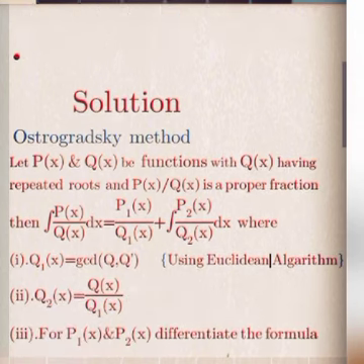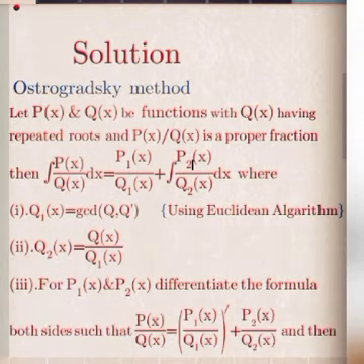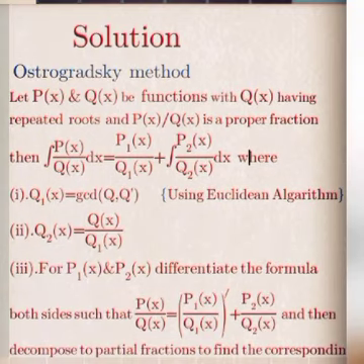Now, for Q2, we get it by dividing the original function by what we have just got there. We shall see how to get them. And we get P1 and P2 by differentiating this equation here.